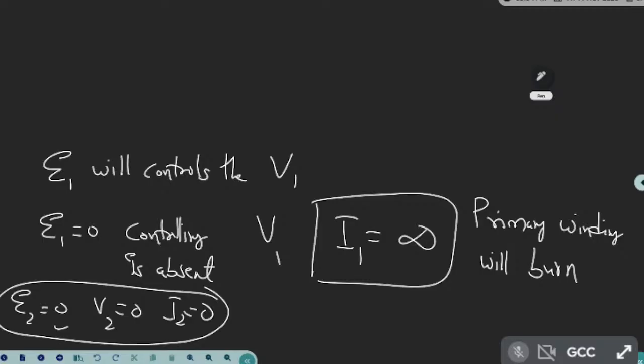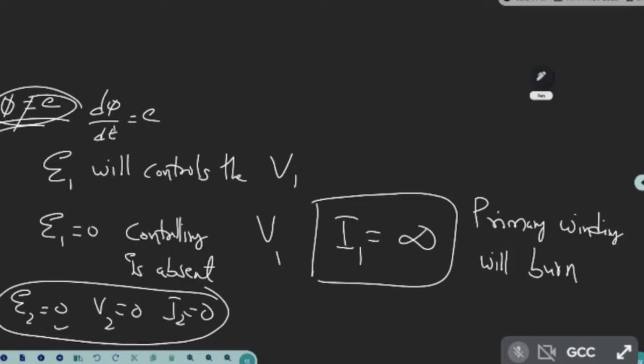Only with d phi by dt will E be established. If there is no d phi by dt, only phi, there is no E. Phi is not equal to E. You cannot say like this.